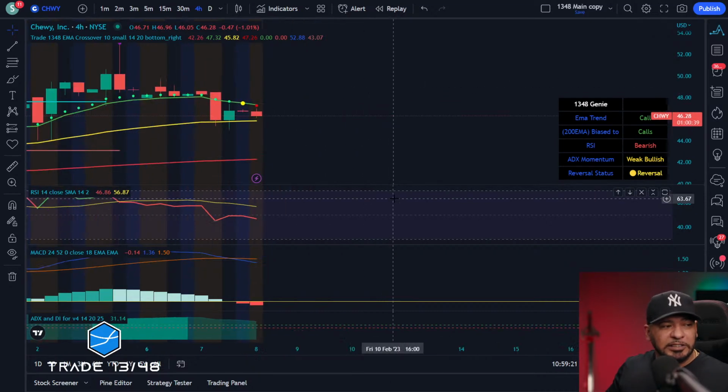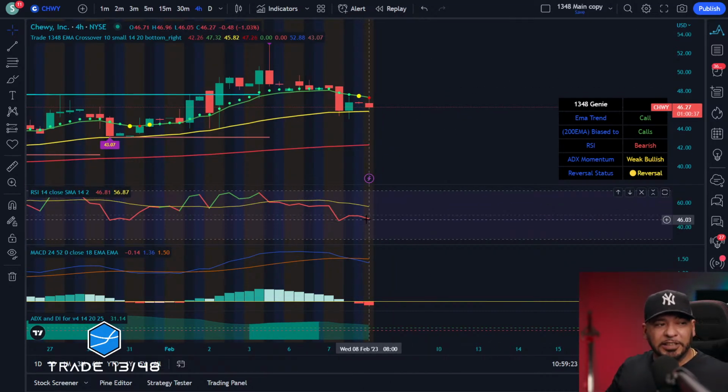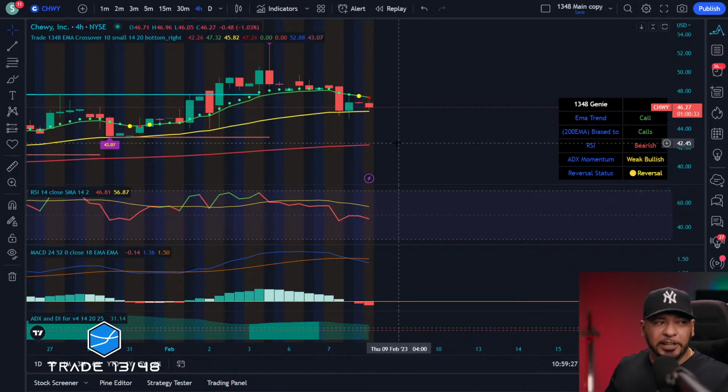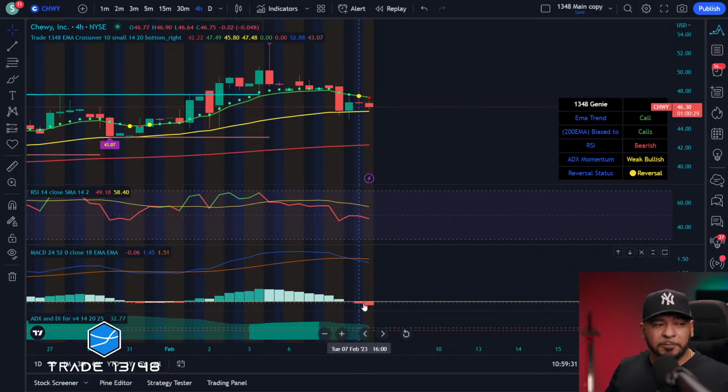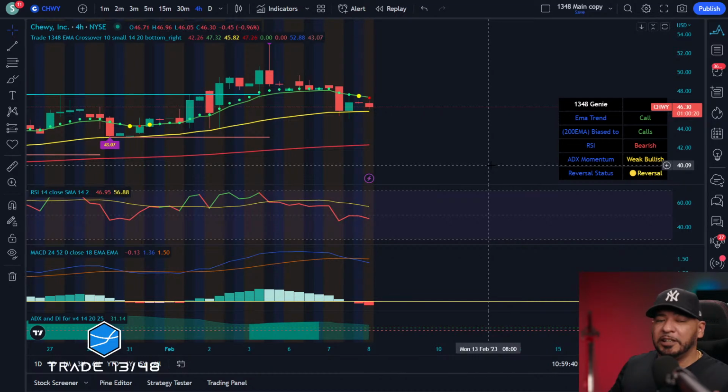Now, RSI is showing us like, hey, we're below 50 and we're trending down. All is good, right? These are reads that you have to make. Then we have some deep reds printing on the histogram with the MACD line crossing below the signal line. This is great.